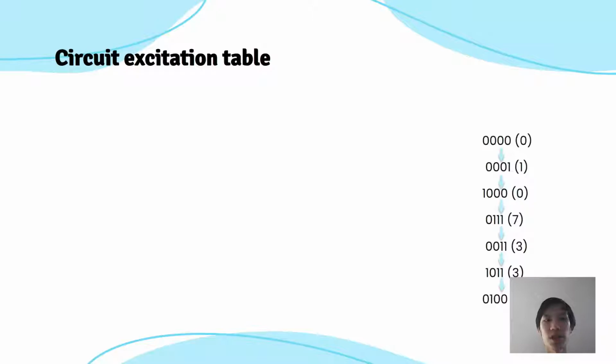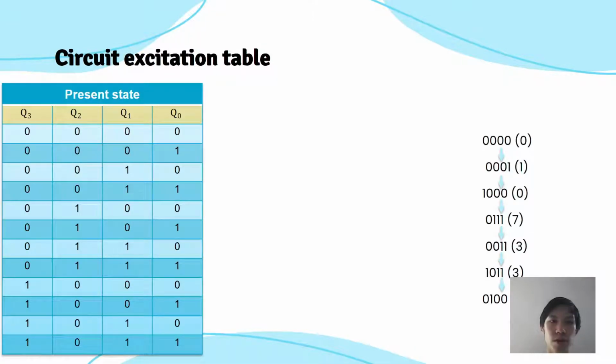For the circuit excitation table, usually a circuit excitation table will have 3 parts. The first part is the present state of the output, and for this part, we just list down the numbers from 0000 to 1011. Then for the next state, we need to look at the sequence of the numbers we need to count.